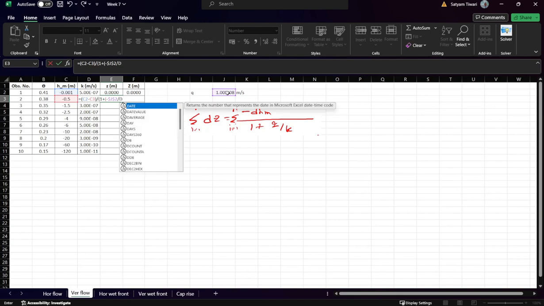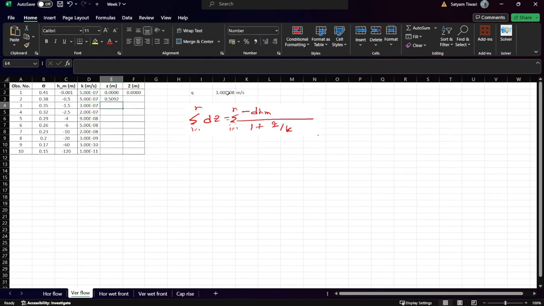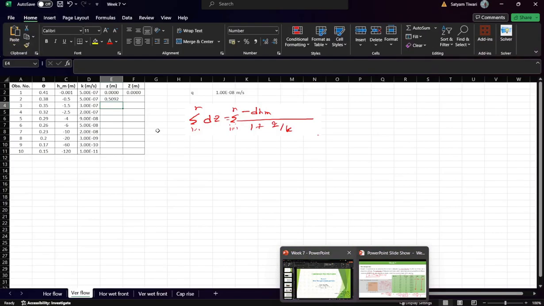So the value comes to 0.509, as we observed here.